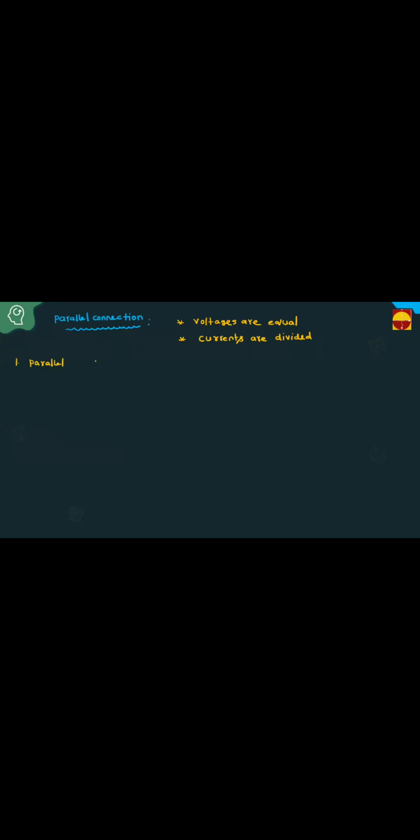In parallel connection of resistors, let's consider two resistors connected in parallel. Let this be R1 and this be R2.